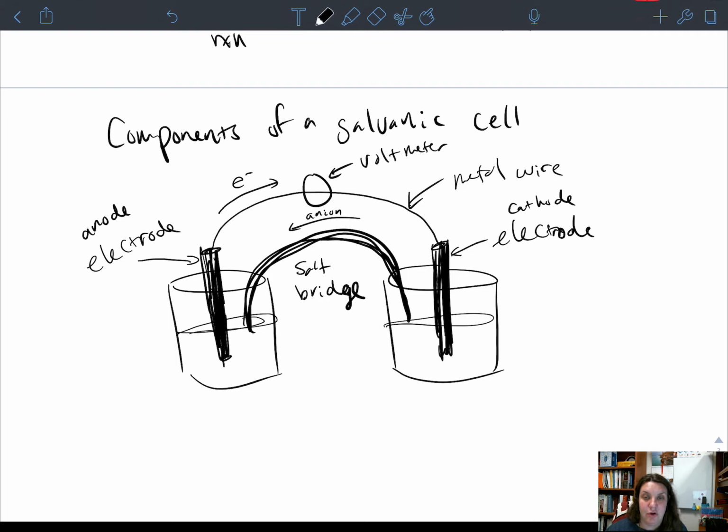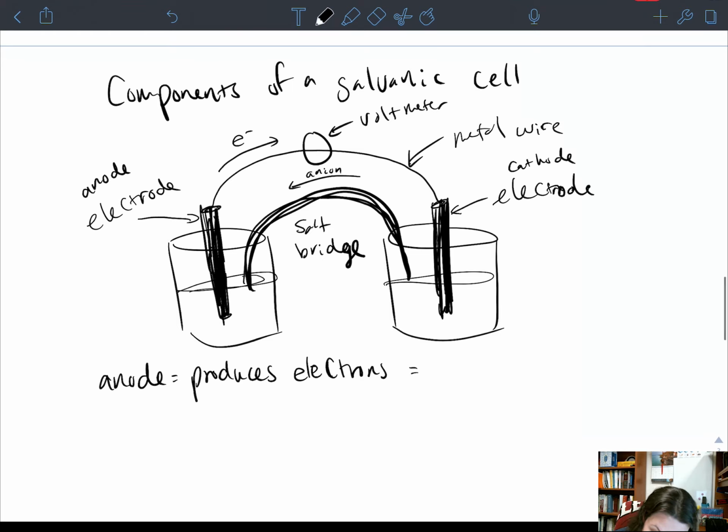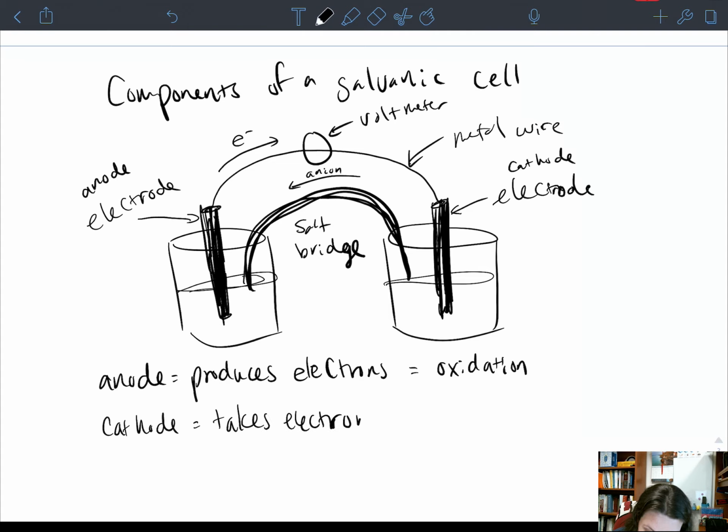So what happens is the anode produces the electrons, the cathode takes the electrons. So if we are producing electrons, this has to be an oxidation reaction. And then the cathode takes electrons, and here is where reduction occurs.